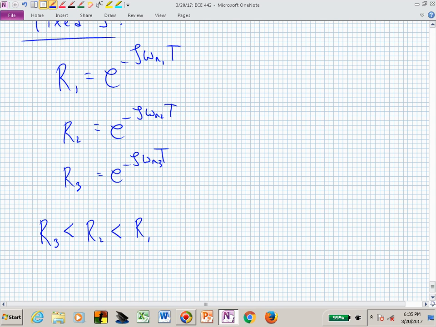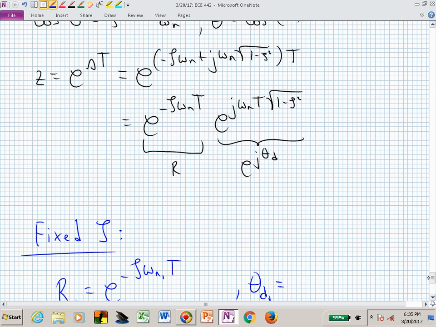So as I march along that angle, that theta value, and increase my omega sub n, my radiuses, my circles are getting smaller, or the radius away from the origin. What about my angles? Theta d1. Omega sub n is what I'm varying. T is fixed and zeta is fixed.